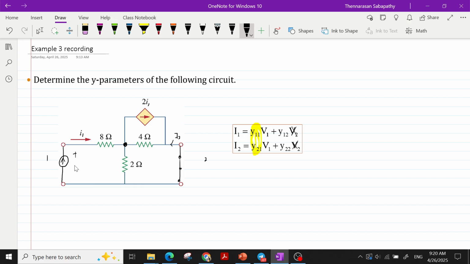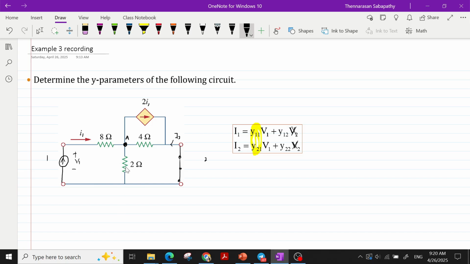V1 is still across the current source, so there is no specific voltage drop here. So I can choose nodal analysis, and I label this node as A.